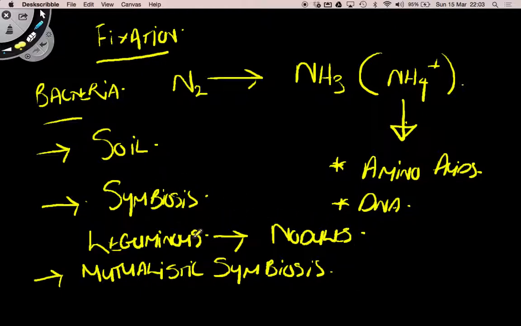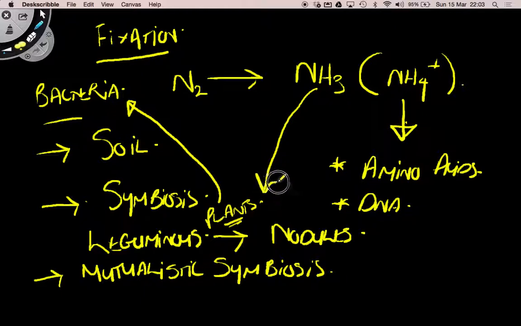So these leguminous plants, because they're photosynthetic, are able to supply a source of glucose to the fixing bacteria that live in these roots. And in turn, the bacteria are able to supply the plant with NH3, which the plant is able to take and manufacture for itself amino acids as well.